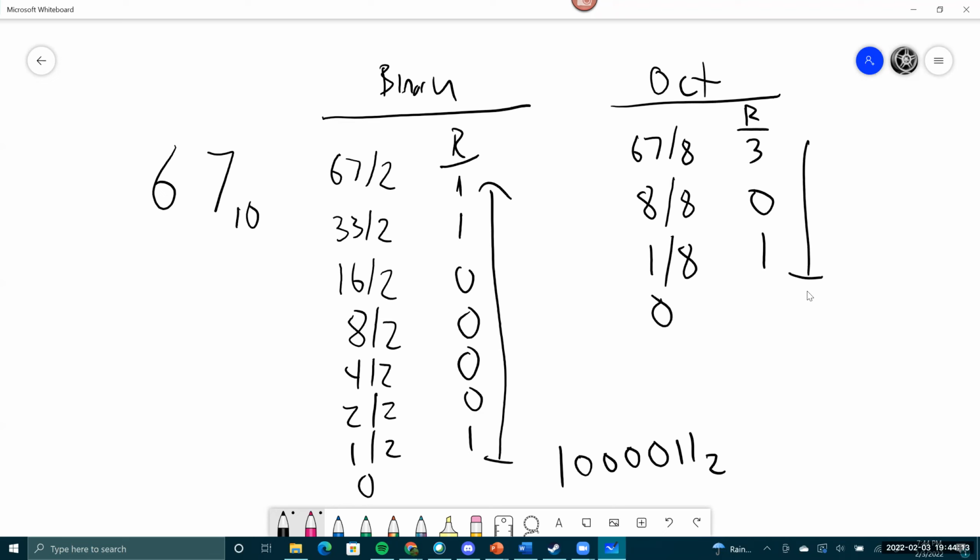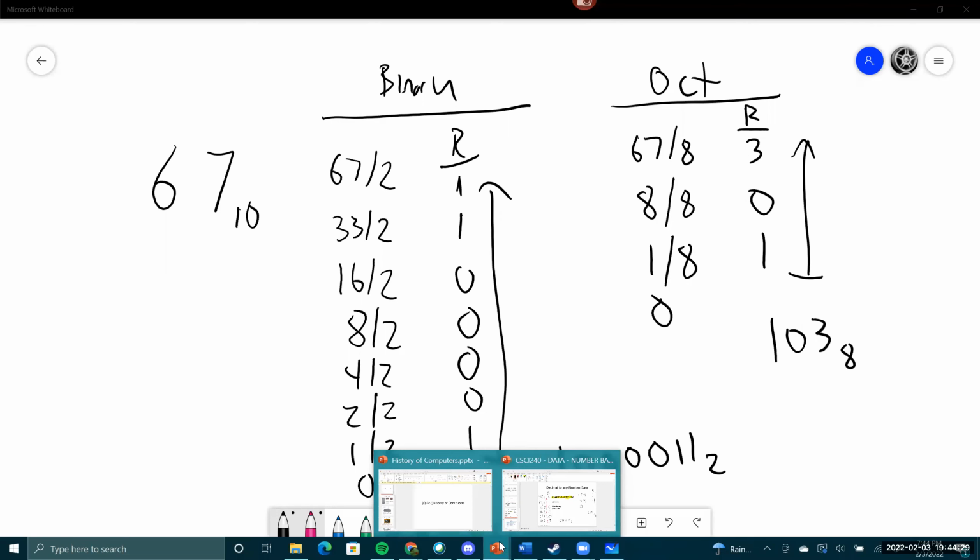So from bottom up, it's 103 octal. Okay. Everyone good with this? Okay, I'm not hearing anything, so I'm assuming that's a yes.